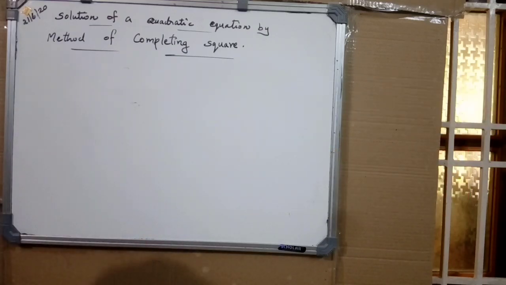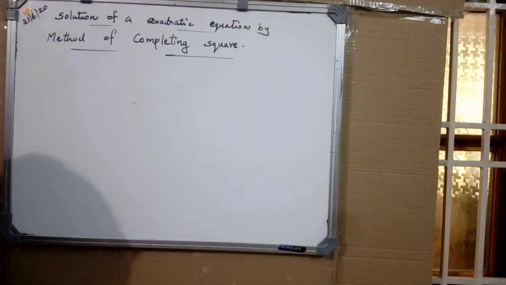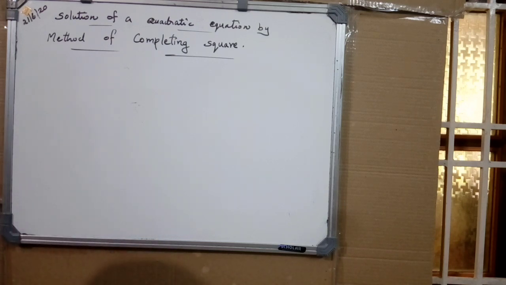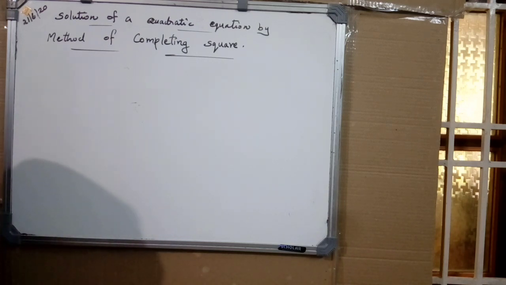Today I am introducing a new method, that is the second method of finding the solution of a quadratic equation, that is the method of completing the square. So this is a new method for you.